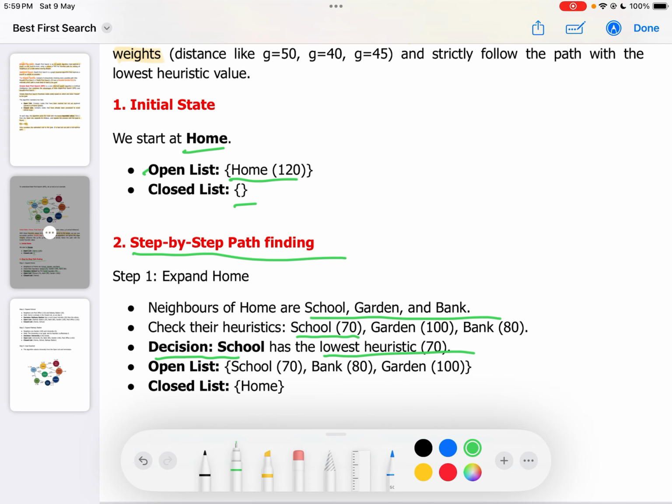So the decision is school, which has the lowest value. Now the open list is school 70, bank, garden. We are moving home to the closed list. Home, where it was expanded, has been closed. Now where do we go? We'll have to go to school because it has the lowest value.